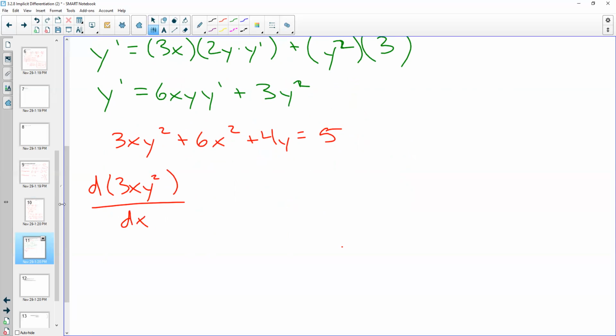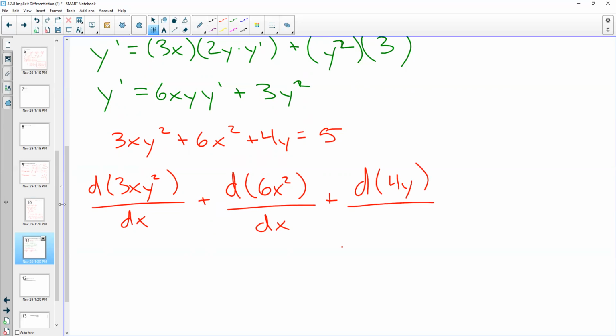I'm just saying that because, you know, proper notation and stuff. Then we'll also do plus the derivative of 6x squared with respect to x, plus the derivative of 4y with respect to x is equal to the derivative of 5 with respect to x.